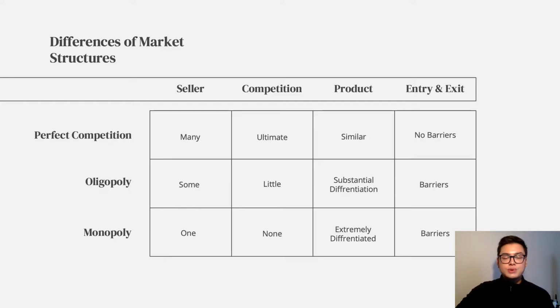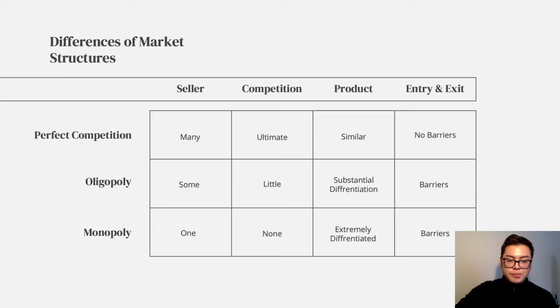First things first, we have to know the difference between the market structures that we have currently. For example, we have perfect competition, oligopoly, and monopoly. First, we can see from the number of sellers. In perfect competition, there are many sellers in the market, in oligopoly there are only some sellers, and monopoly is only one seller.